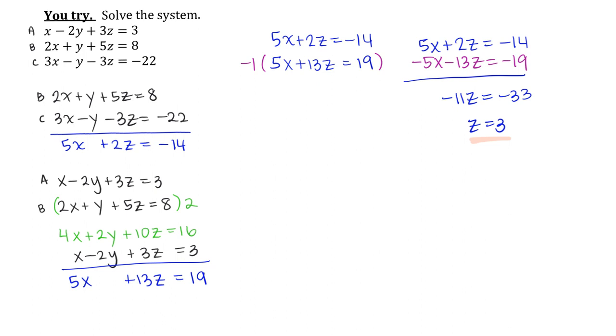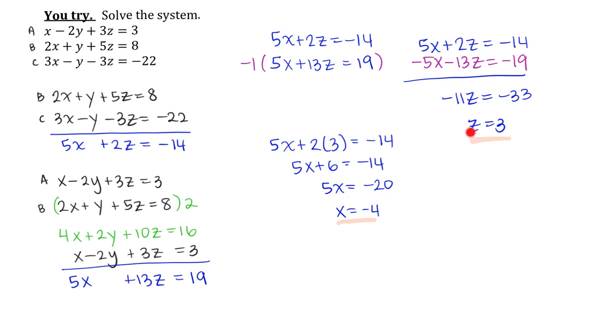Okay, let me take my z as 3 and I'm going to plug it back into the first equation. 5x plus 2z equals negative 14, so 5x plus 6 equals negative 14, 5x minus 6. So I get x is negative 4, which I feel good about because it's not a fraction. And my teacher doesn't give me a lot of fractions for these.